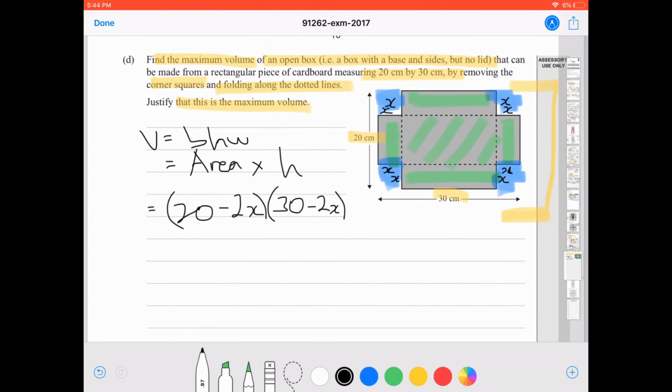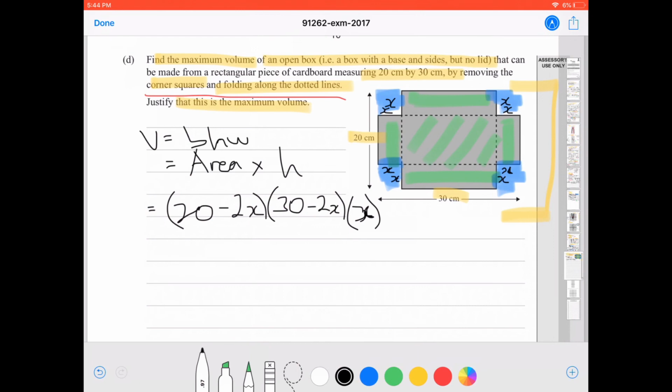So that would give our area of the shape, and your height, if you were to fold along the dotted lines, which is what the question says that they do, obviously your height all the way around is going to be x. And that's what we're going to say, multiplied by x. So that is our equation.